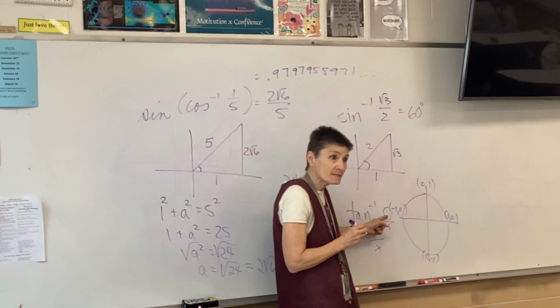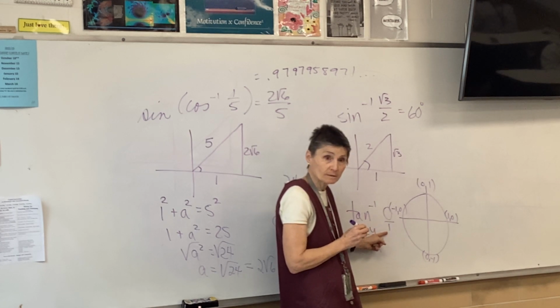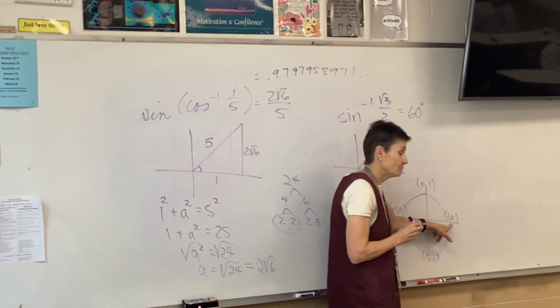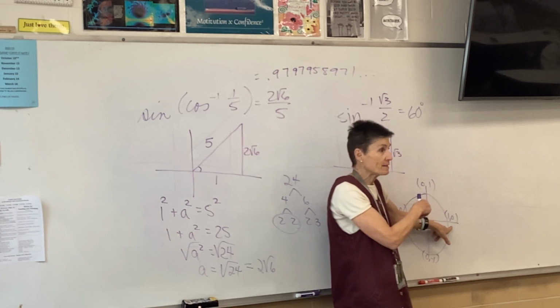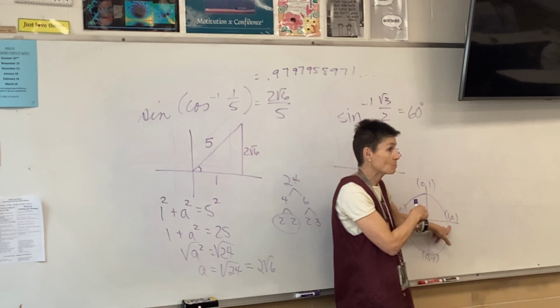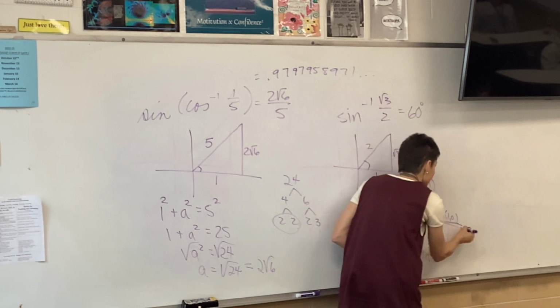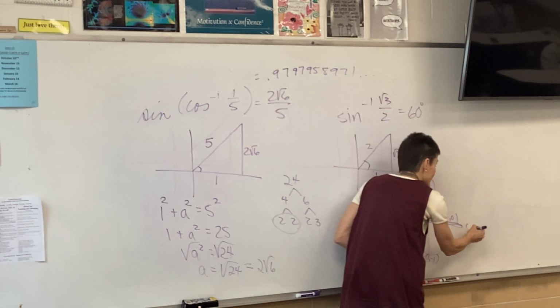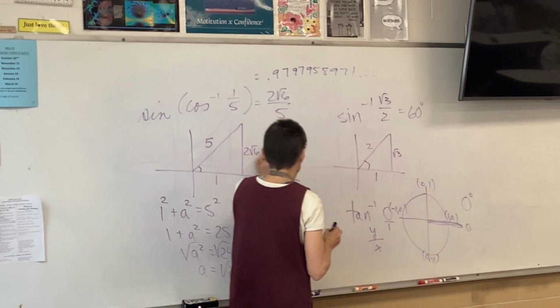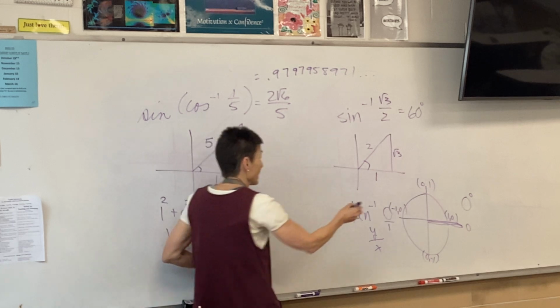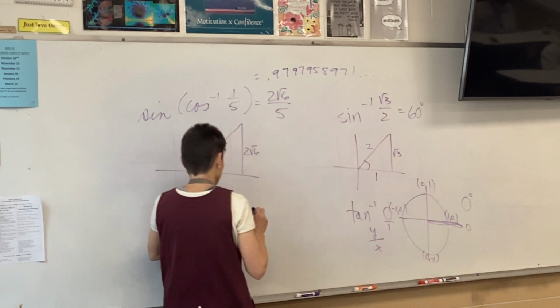So y is 0, x is 1. Well, as Jacob pointed out, we already did this problem. Isn't it right there? Y is 0, x is 1. So what angle is this? What label is this? 0. So the answer to that question is 0 degrees. If it had been up here, it would be 90 degrees.